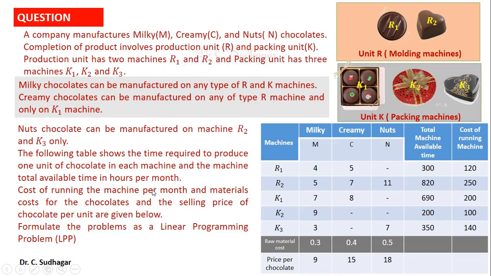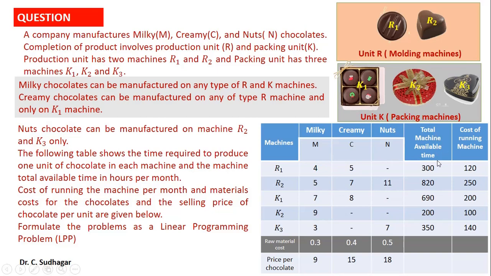Therefore, again, read what the data is. The table shows the time required to produce 1 unit of chocolate in each machine, and the machine's total available time in hours per month.